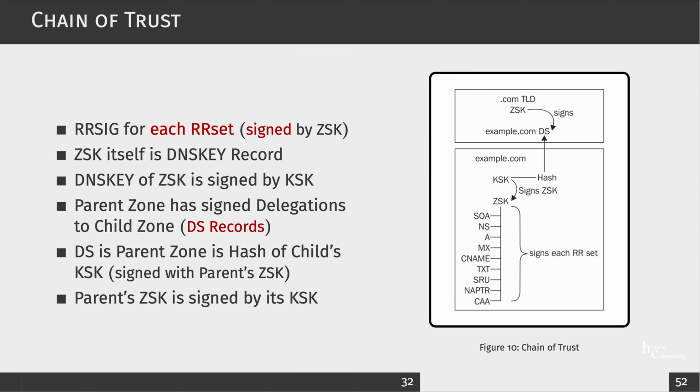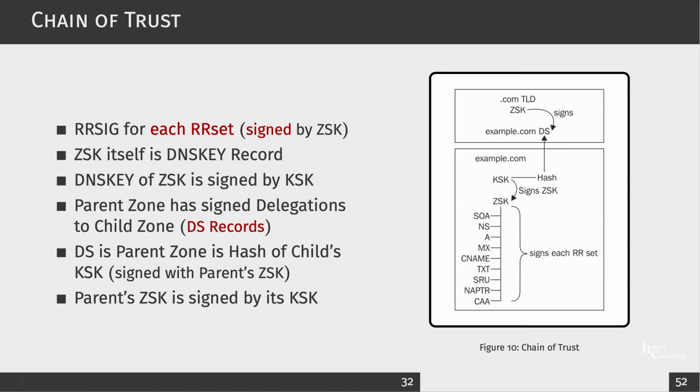So the chain of trust is related to the DNS hierarchy. At the beginning of this course, in the section of the DNS fundamentals, we had a quick look into the DNS hierarchy, which starts in the root, and then there come the TLDs, the second level domains, and so on.